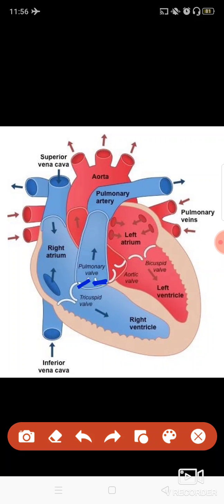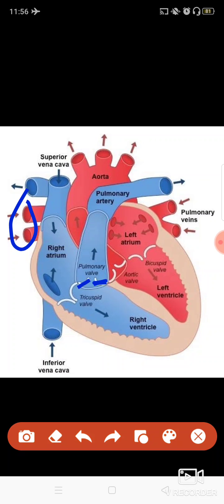There is one more kind of vessel which is known as pulmonary veins. You will see these pulmonary veins are going to open in the left atrium. These are also pulmonary veins, these are also pulmonary veins, and these all will open into the left atrium.